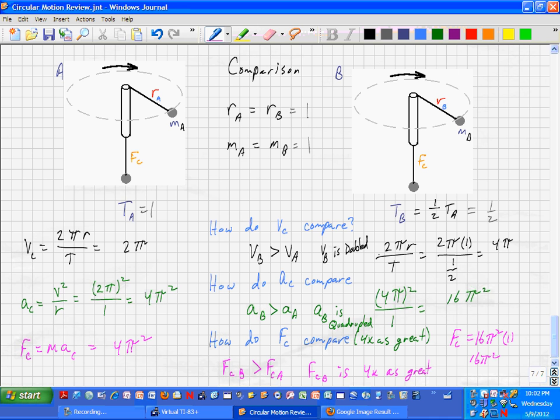That's probably the easiest way to make comparisons like this, or when something changes. If I said that originally the period was 1 and then we changed the period to 1/2, keeping everything the same, I would just set up two conditions like this and work through the problem, picking some very simple numbers for my variables so I could make comparisons like this and plainly see how that affects the quantities that I'm trying to compare.